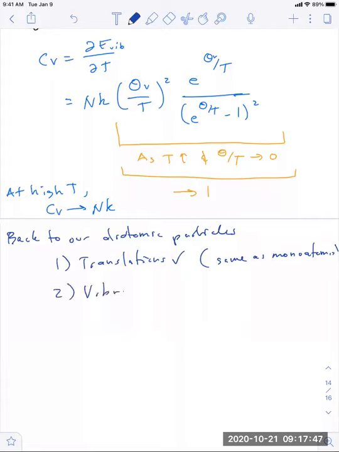We talked about vibrations, which we model the system or the particles as harmonic oscillators. And then our last degree of freedom for diatomic particles is rotations.